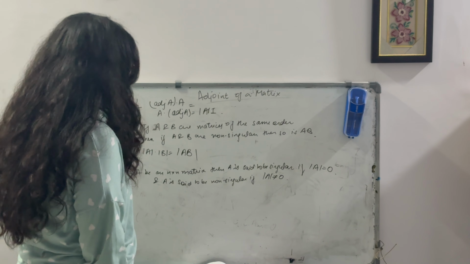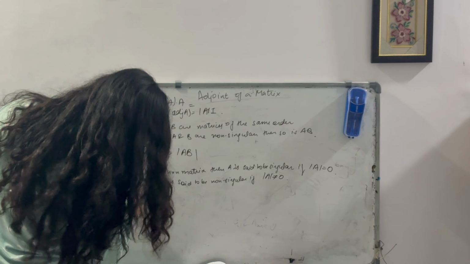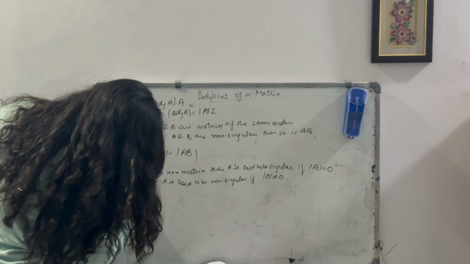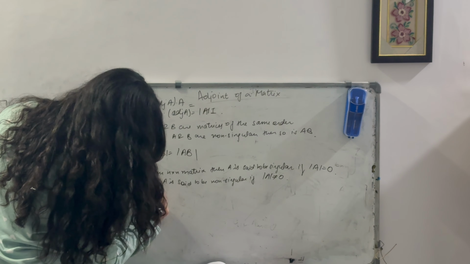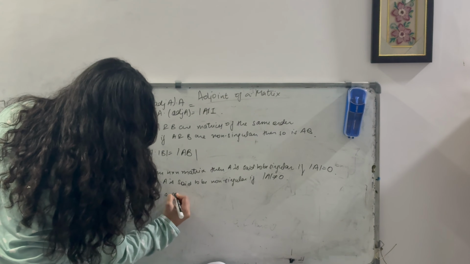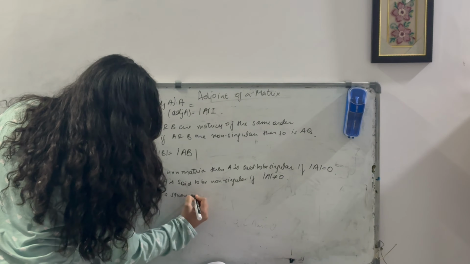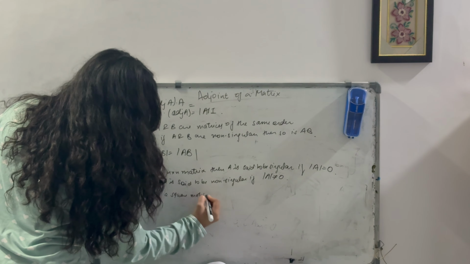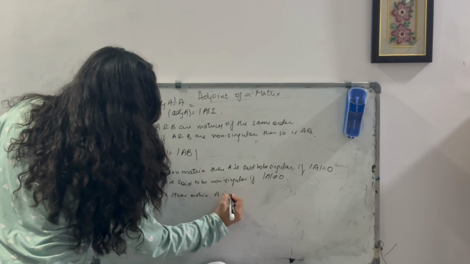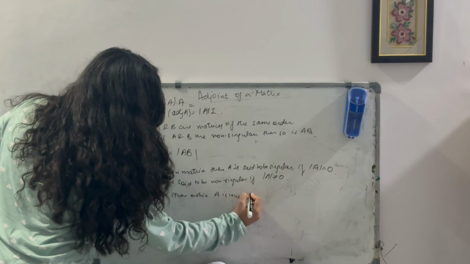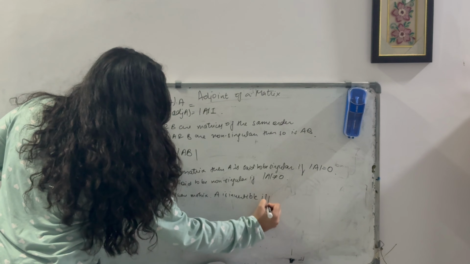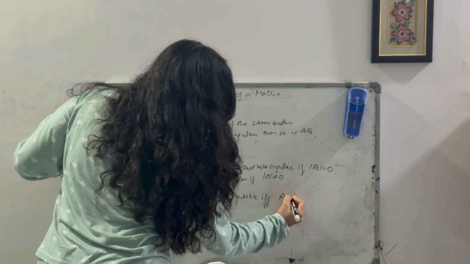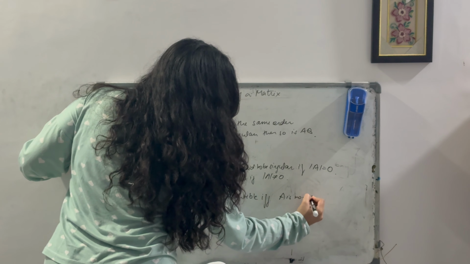Next, what we were talking about was theorem 4, which says that if A is a square matrix, A is invertible if and only if A is non-singular.